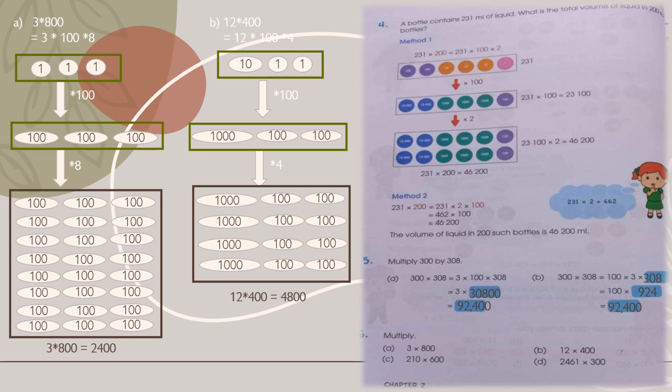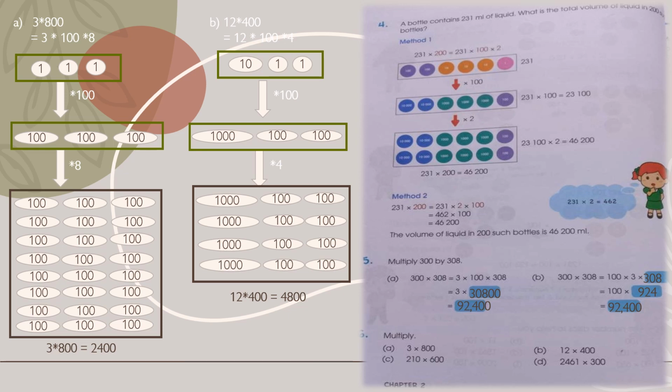So we have 4 10,000, 6,000, and 200, which can be written as 46,200. In method 2, we first multiplied 231 with 2 and the resultant with 100. You can make the discs for this method as well and match the answers.